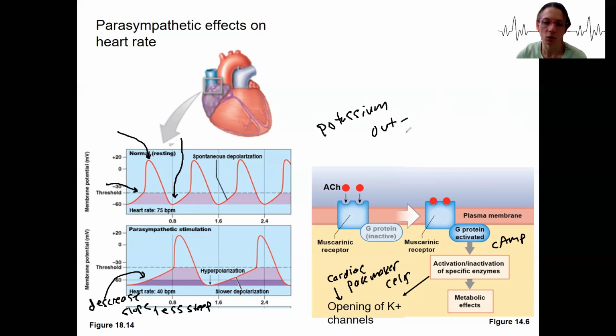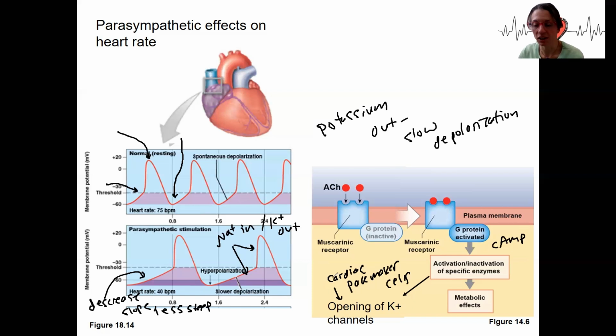That's going to slow depolarization. It's going to counteract the sodium coming in. Sodium in is what depolarizes the cell during the action potential. If you have potassium going out more than you did before, you're going to have a hyperpolarized cell and a slower time to reach threshold. The potassium is counteracting that sodium movement because they're moving in opposite directions and they're both positively charged.